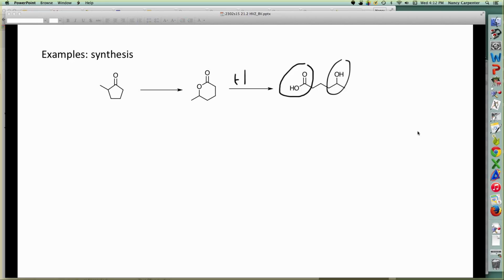So that's just hydrolysis. And the Baeyer-Villiger is just a peroxy acid. It could even be MCPBA. And in fact, it usually is. So one thing you should notice here is that in this example, it is not symmetric.